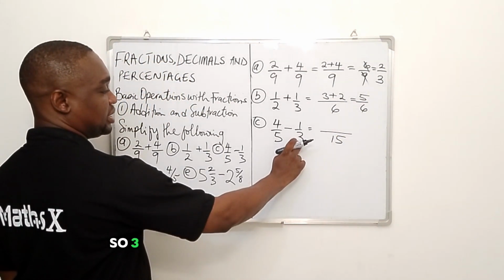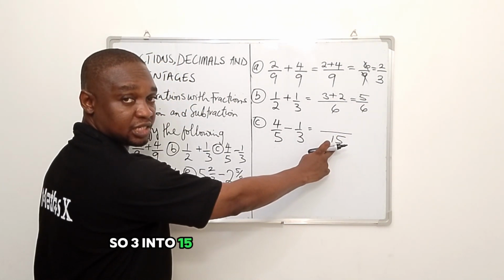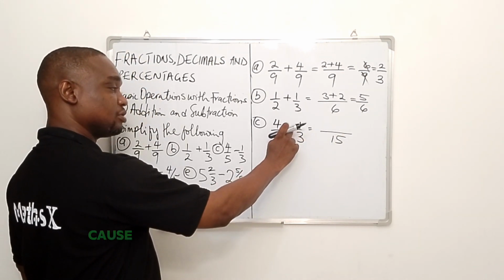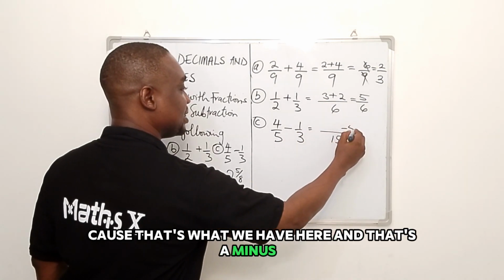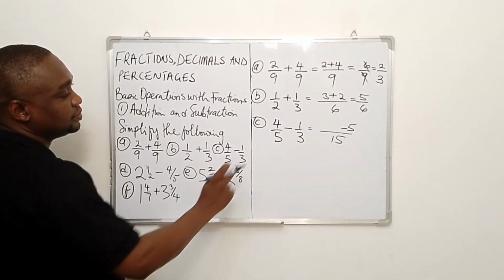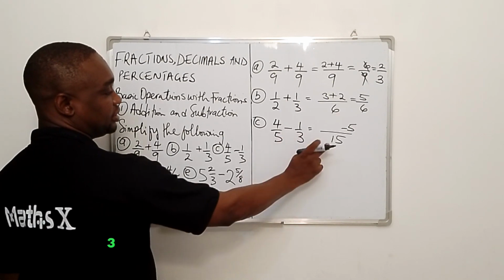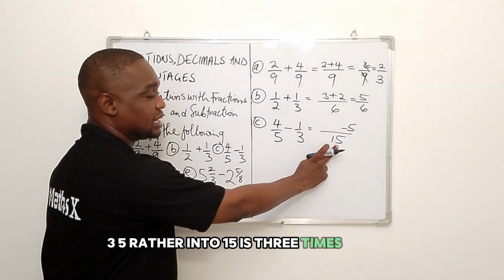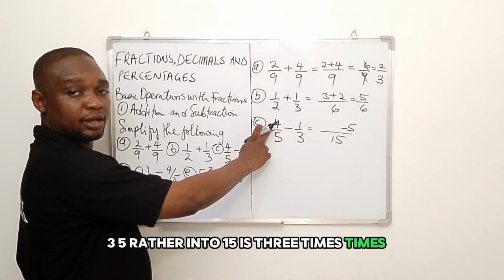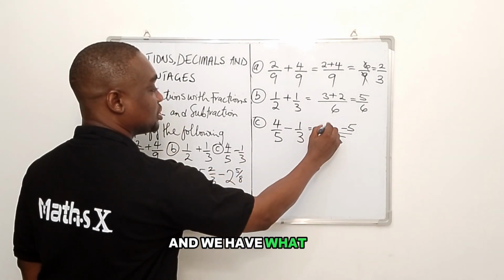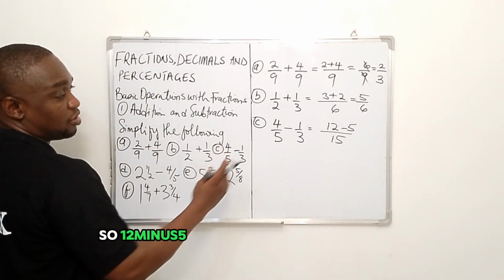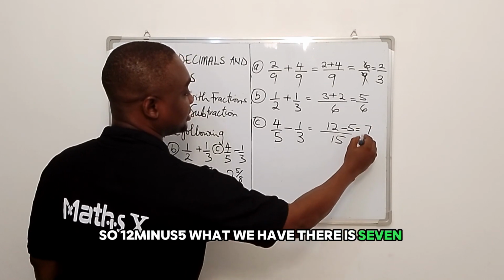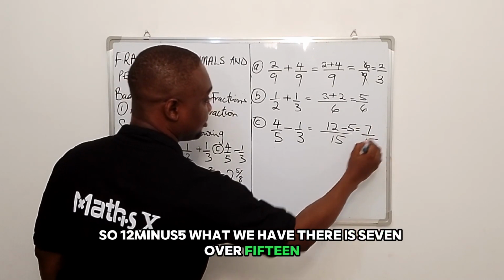So 3 into 15 is 5 times a minus 1, because that's what we have here, and that's a minus 5. 5 rather into 15 is 3 times 4. And we have what? A 12. So 12 minus 5, what we have there is 7 over 15.